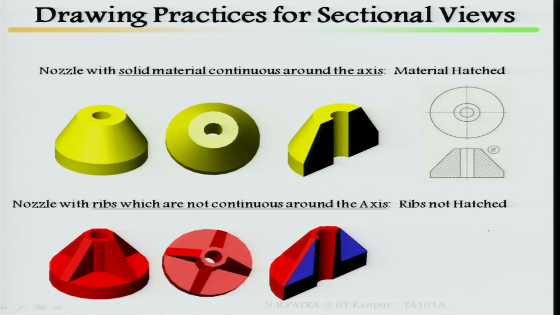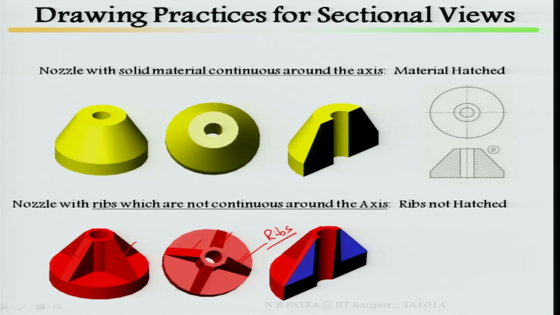Then look at the difference. Nozzle with ribs which are not continuous around the axis. Nozzle with ribs, these are all your ribs. The ribs are not continuous, rather they are placed connected to the nozzle.